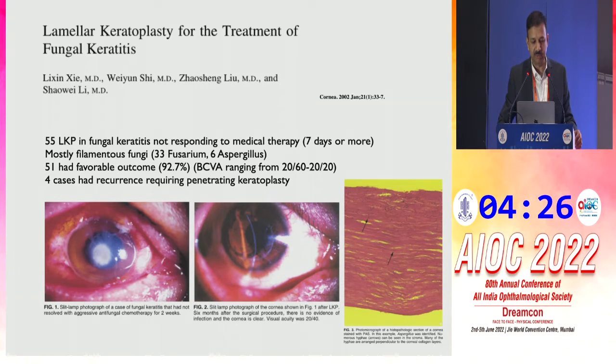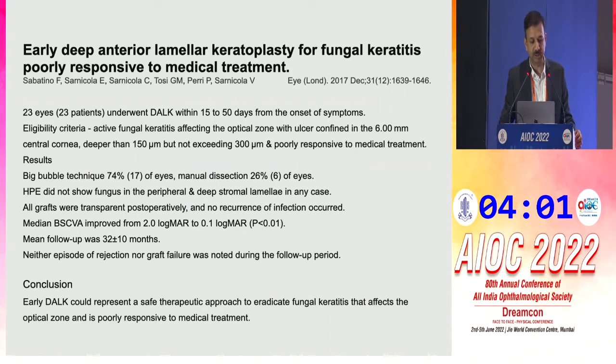So this is a paper from back in 2002 where they looked at the role of lamellar keratoplasty in treating fungal keratitis, but they instituted the surgical intervention very early, within 7 days of the occurrence of infection, and they had favorable outcome in the majority of their cases, in almost 93%, and 4 cases only had recurrences. But we know that fungi can penetrate deep into the cornea and sometimes even cross the intact Descemet's membrane.